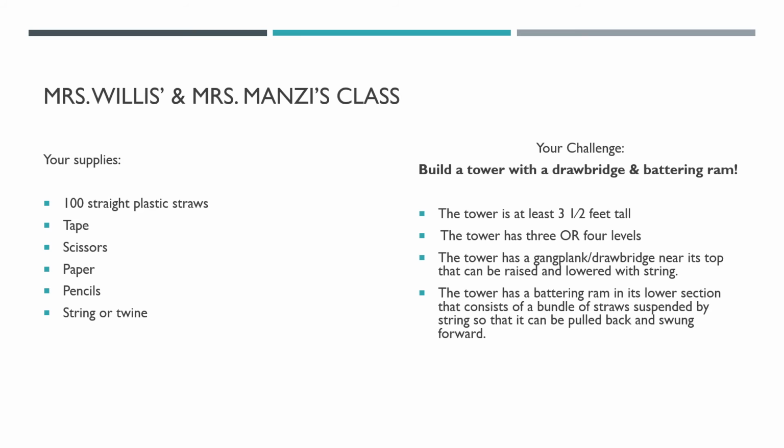Now for Miss Willis's class and Mrs. Manzi's class, your supplies vary slightly. You have the straws, tape, scissors, paper. We're actually going to add to this string or some sort of twine. Okay. The requirements for your tower are a little bit different. Your tower should have, as I mentioned, a drawbridge and a battering ram.